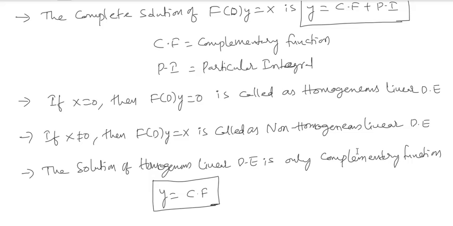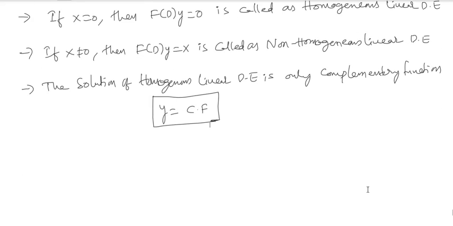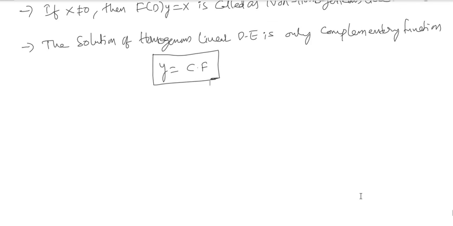Suppose for the non-homogeneous case, you will have a complementary function as well as your particular integral. The way of calculating your complementary function as well as your particular integral, I will tell you. Don't get bothered. Right? Next, how you have to calculate the particular integral.